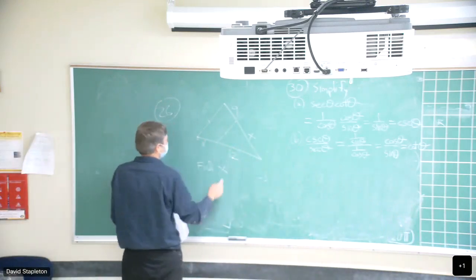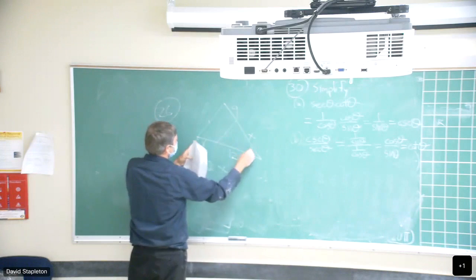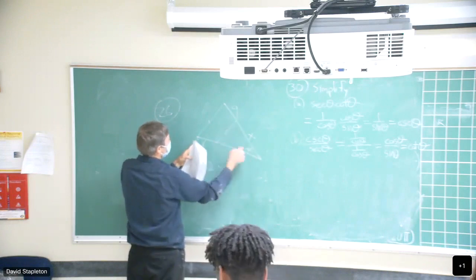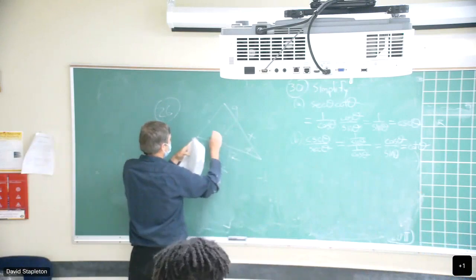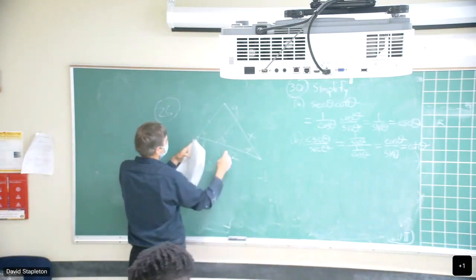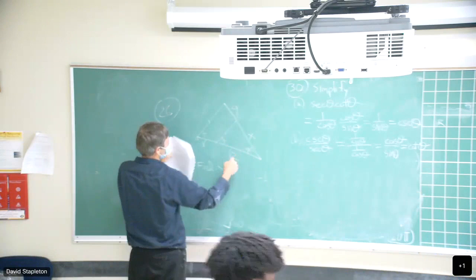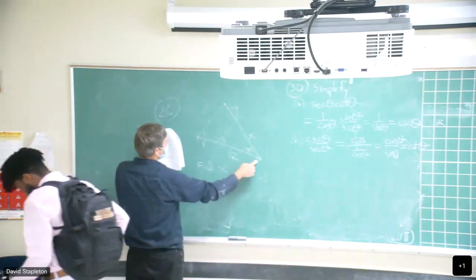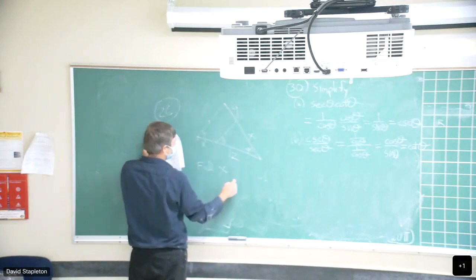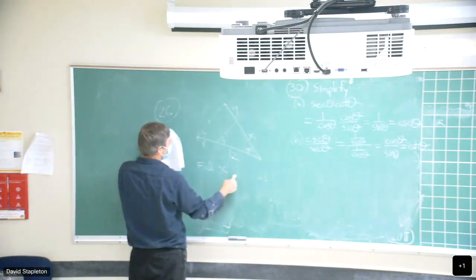Sure, these are similar triangles because these are parallel. This is the same angle in both triangles, and with the parallel lines, that makes these angles congruent, and consequently these can go 180 degrees. So what you can do is say that x is to x plus, let's do it easier.